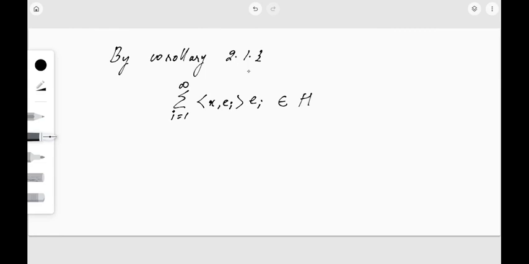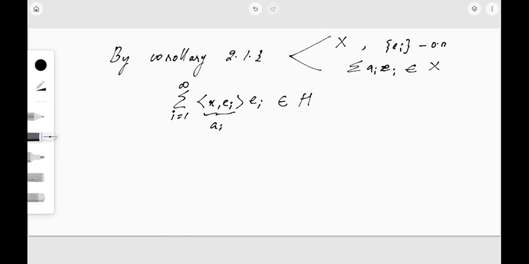Just go through the corollary. The corollary is nothing but: if we have a space X and an orthonormal system e_i, then the summation of such terms belongs to the space. Here we have the Hilbert space H and an orthonormal system, and instead of a_i or alpha I am using the inner product x e_i.